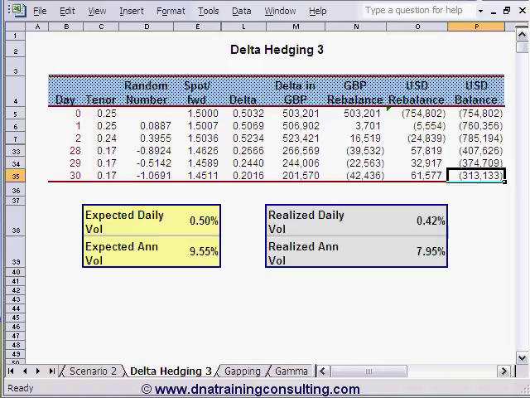Assume furthermore that because the realized vol over these last 30 days has turned out to be only 0.42% daily, as indicated in the cell 038, the market has recognized the error of its ways, so to speak, and is now prepared to price sterling dollar short-dated options at an implied daily volatility of 0.5% instead of the previous 0.75%, which translates into an annualized volatility, as we know, of 9.55%.